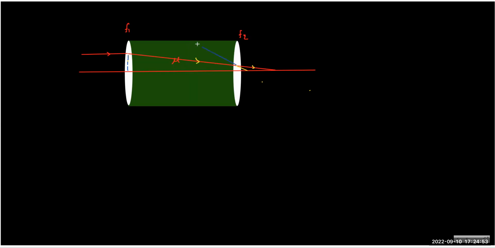If I extend this backwards, this is one.